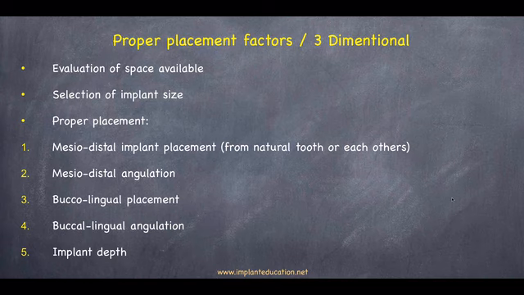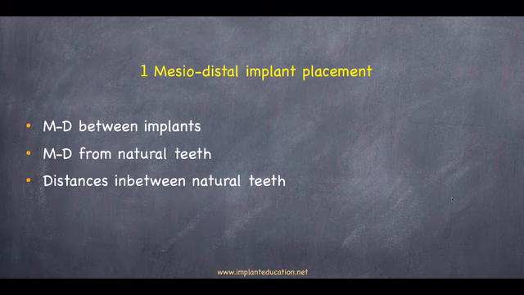There are 5 guidelines that you need to follow: the mesial-distal implant positioning, mesial-distal angulation, buccal-lingual implant positioning, buccal-lingual angulation, and then how deep I should be placing the implant. Let's start with the first of these 5 areas that we'll be covering, the mesial-distal implant placement.